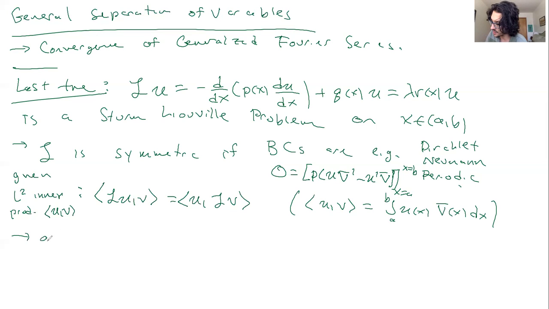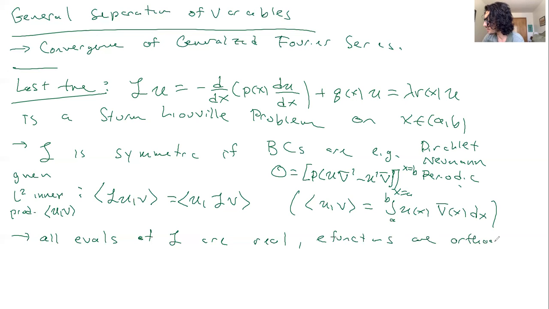What do we get by knowing this? Well, the eigenvalue problem that we can construct using L has all real eigenvalues. Moreover, the eigenfunctions are orthogonal to each other. Is it a complete set? Well, we haven't said that yet.